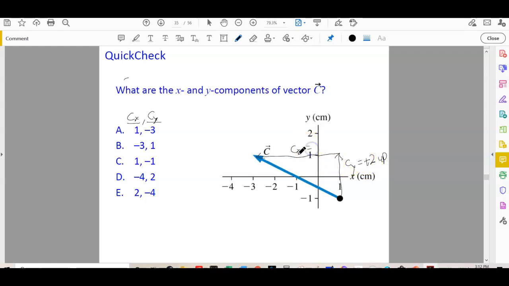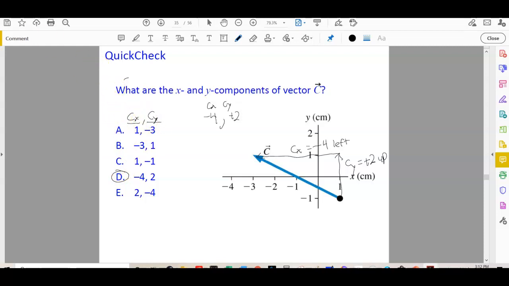In the x direction, it's going to be to the left, 1, 2, 3, 4 units to the left. So that's going to be -4, correct? That means we're looking for a -4 and a +2, cx and cy. So -4 and +2. So the answer is D.